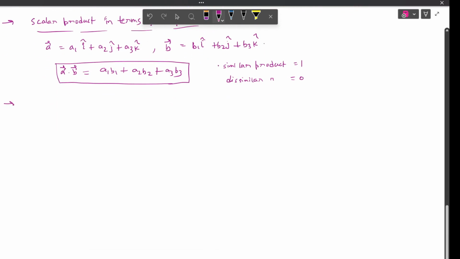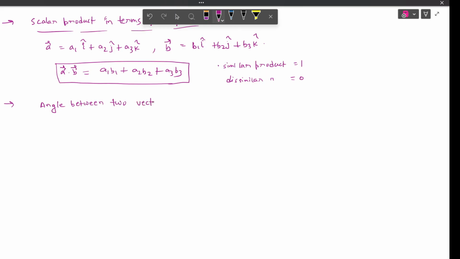Now, if you want to find out the angle between two vectors using dot product, see, we know a dot b is mod a mod b cos theta.